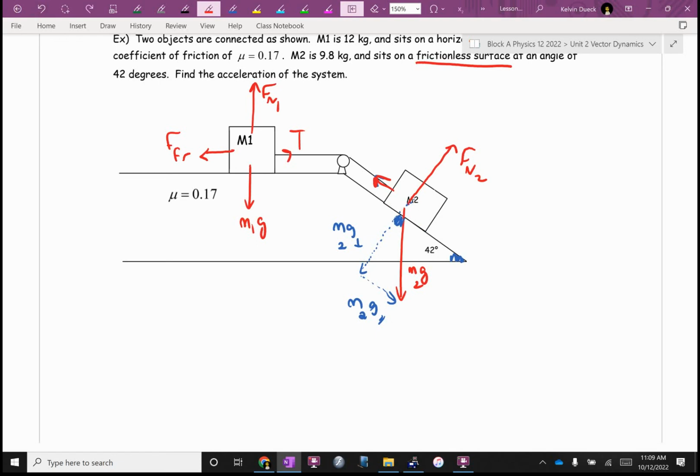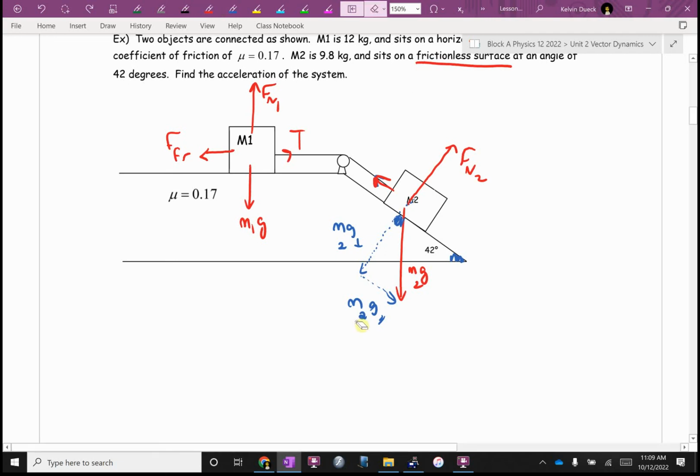Claudia, who's winning? That's a good question. Which way do you think this whole thing is accelerating? To the right and then down the ramp.